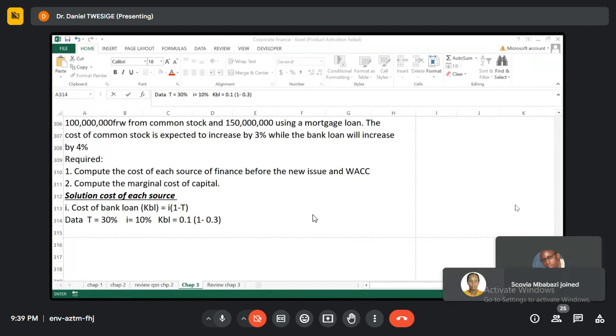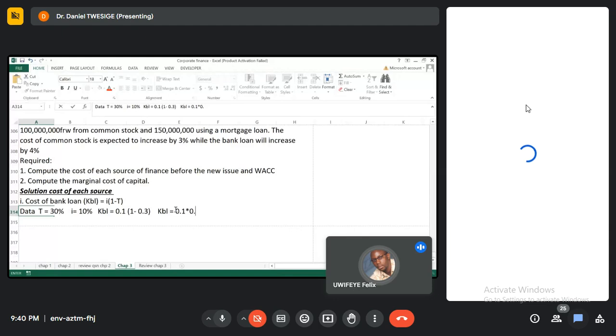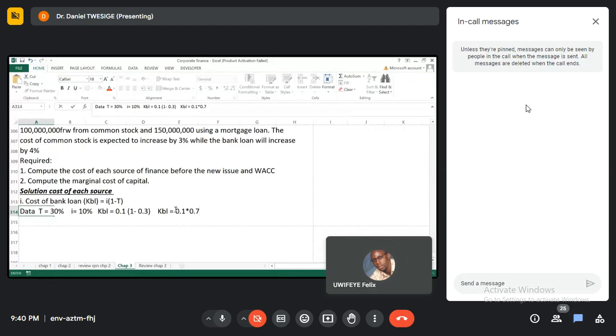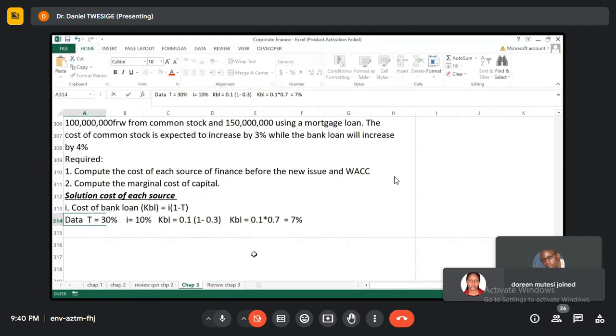So our KBL equals 0.1 times 0.7, and we get 7%. Now, that is the cost of the bank loan.